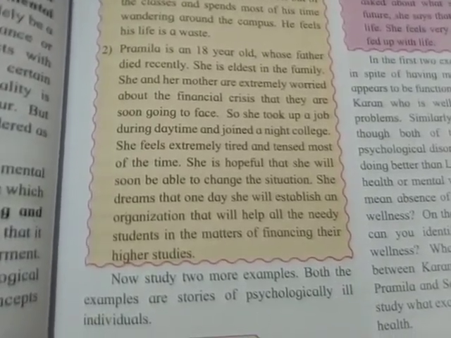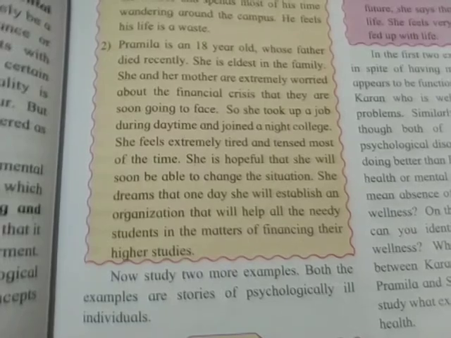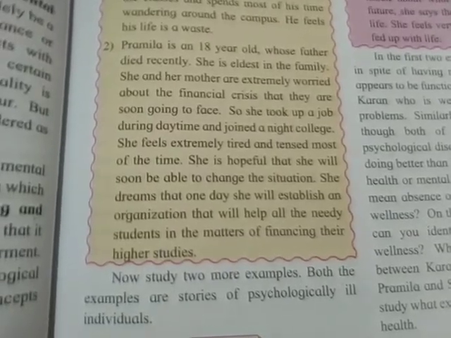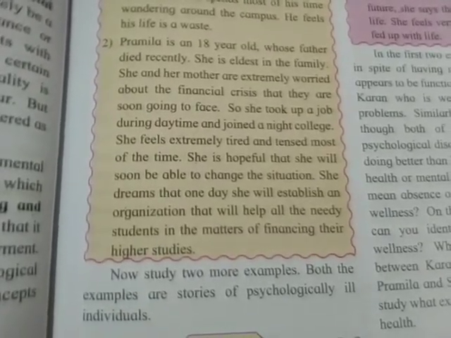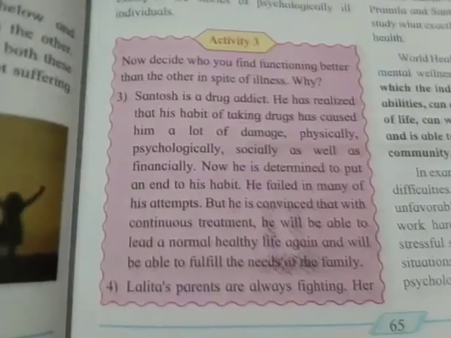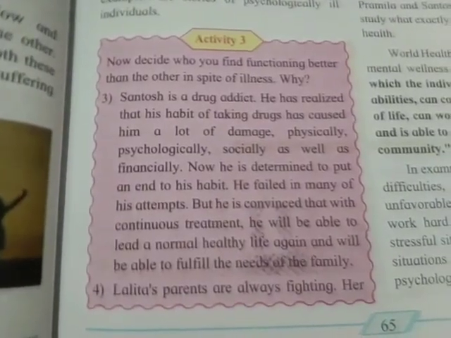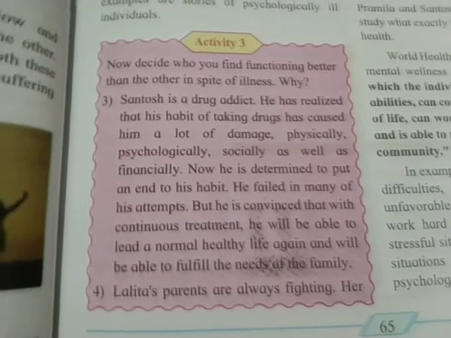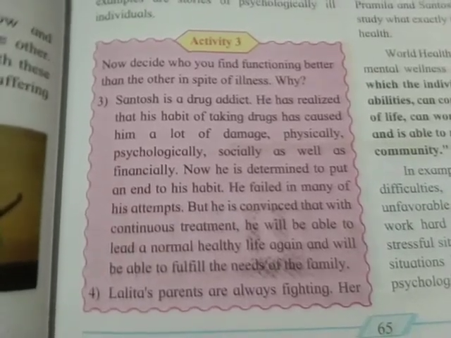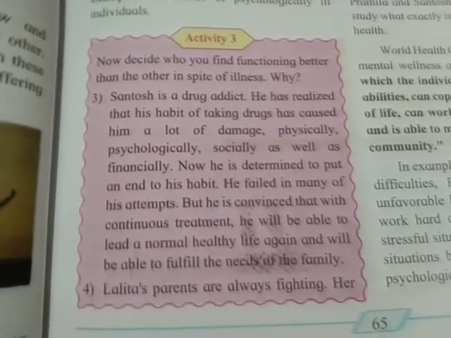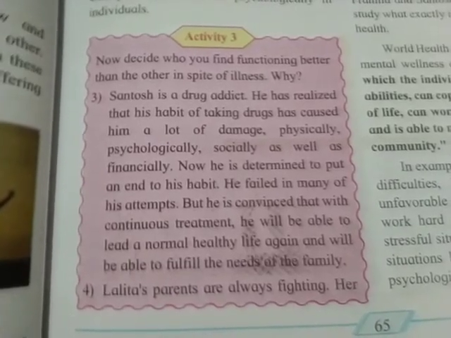Now, study two more examples. Both the examples are stories of psychologically ill individuals. Activity third. Now decide who you find functioning better than the other in spite of illness and why. Third, Santosh is a drug addict.